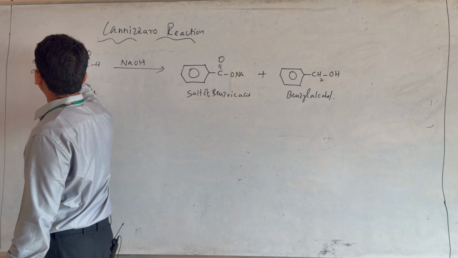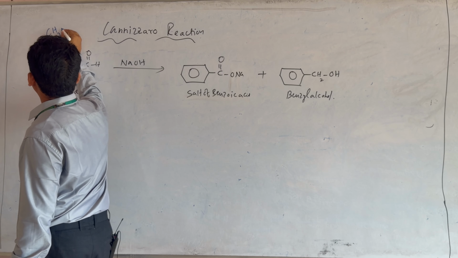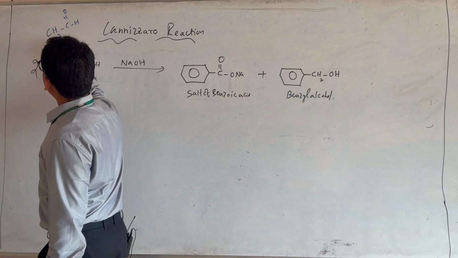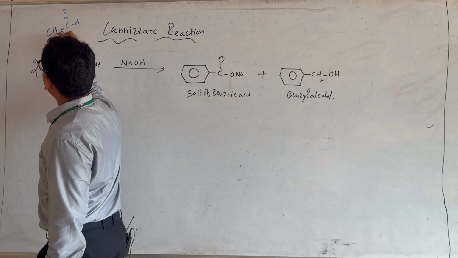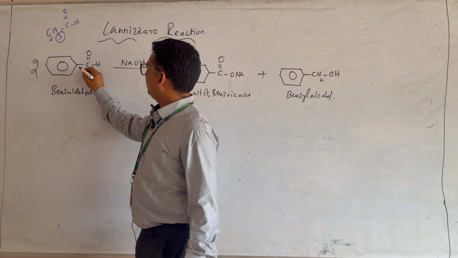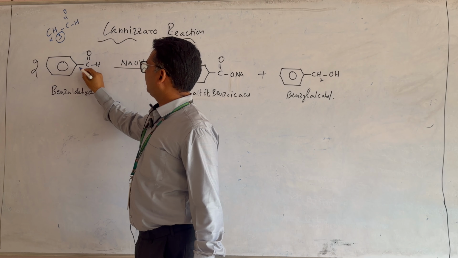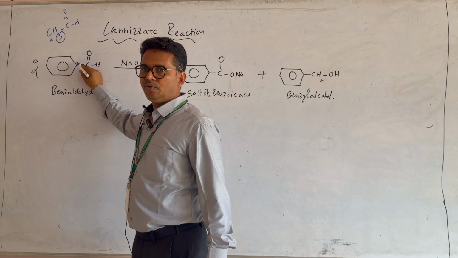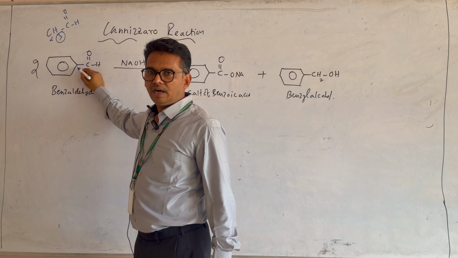If we take any aliphatic aldehyde like this, you might be observing after the functional group, this is the alpha carbon, and here it is having the alpha hydrogens. But in this case, this is the carbonyl carbon, after that this is the alpha carbon, but it won't have any alpha hydrogen.